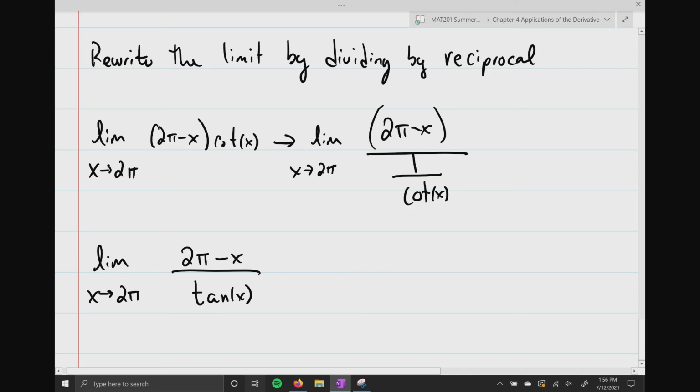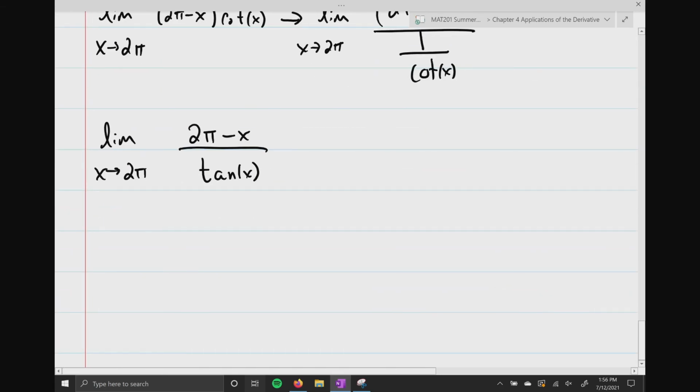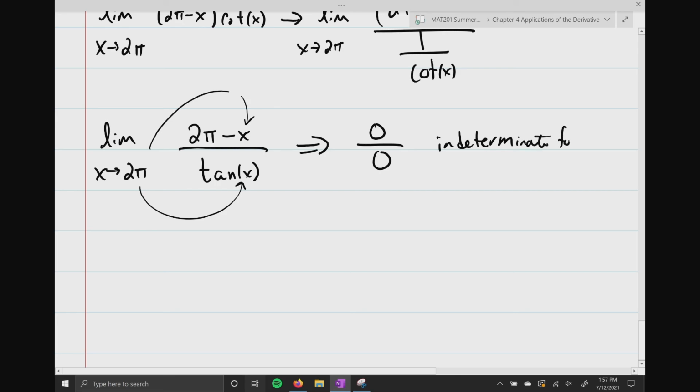Now, if I were to use direct substitution here, if I were to substitute the limit in, I get 0 in my numerator, but now I get 0 in my denominator. And that is an indeterminate form of 0 over 0.